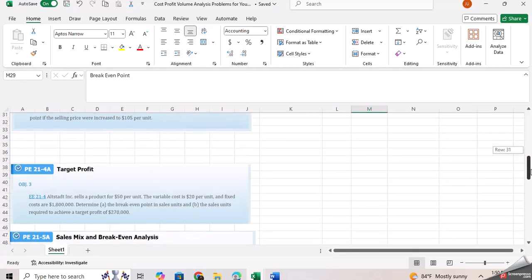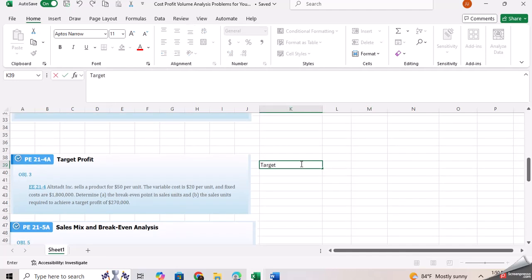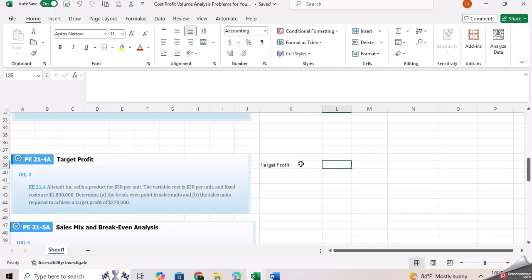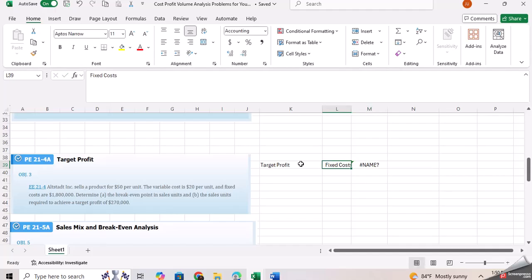Then we can have a target profit, because obviously we're in business to make money. So our target is going to be our fixed costs plus that target profit. Fixed costs plus target profit.